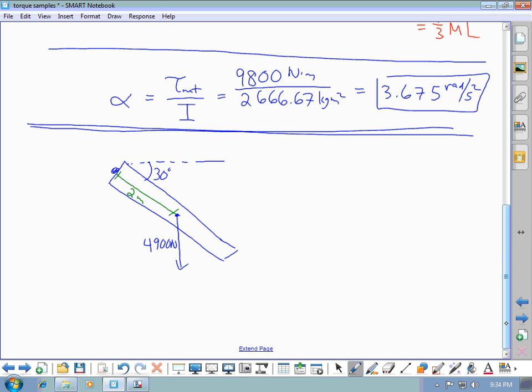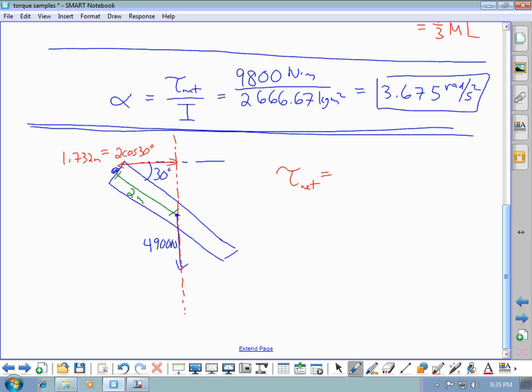So the line of action is a line that passes through the force. It's the line along which the force is acting. And then we need the perpendicular distance from the pivot point to the line of action. And so that's going to be 2 times the cosine of 30 degrees. So this distance is only 1.732 meters.